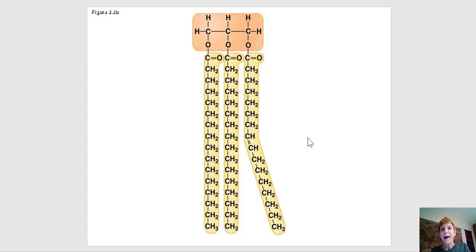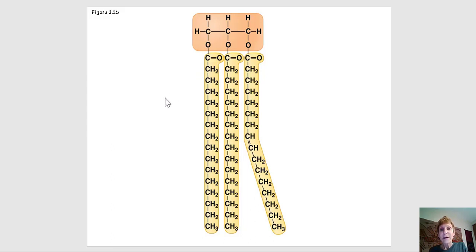Okay? If you have no double bonds at all anywhere, and so they all look like this, all of the carbon atoms here, here, here, here are all single bonded to each other, and all 3 of them are like that, that would make a saturated fat because it is saturated with the maximum amount of hydrogen.